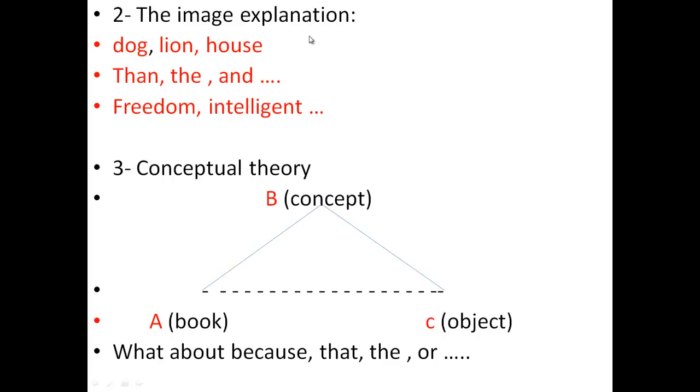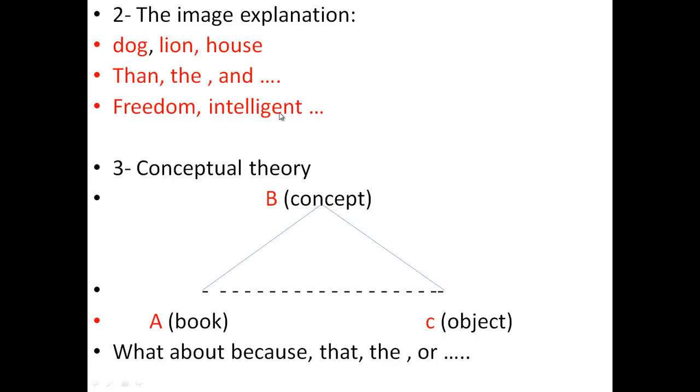So you notice that we have replaced here image by concept. So for example, I can say that the meaning of this word here, freedom, refers to a certain concept that I have got in here, rather than the image here. So I can have a concept in my mind of freedom or intelligence.